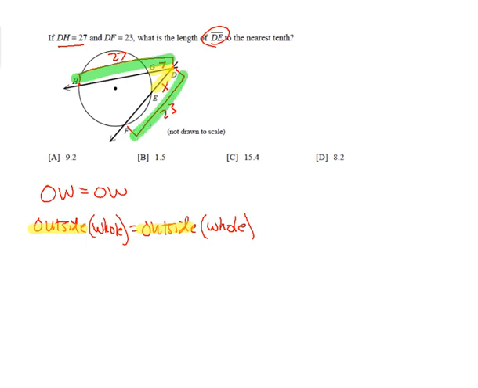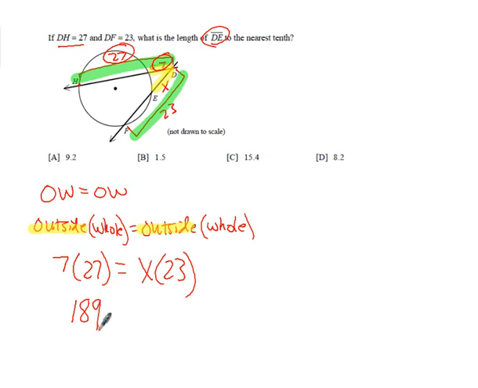Okay, so we're going to just work that. So I'm starting up here at the top. I've got outside 7 times 27, the whole, equals, wait a minute, the outside is outside the circle, x times the whole, which is 23. Alright, so 7 times 27 is 140 plus 49, so 189.